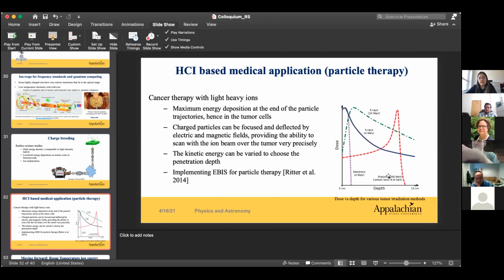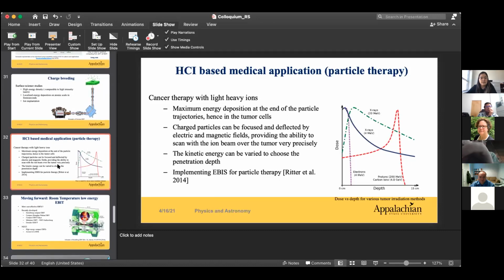And if you look at, for example, proton therapy, the dose versus depth shows that most of the energy is deposited at the end, which means that maximum energy deposition actually occurs in the tumor cells themselves and not in the other cells while the particle is moving through your body. So there's also some interest in figuring out how to use charged particles, and also highly charged ions, for particle therapy.